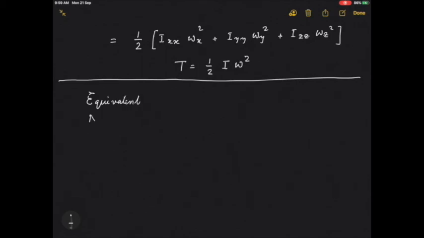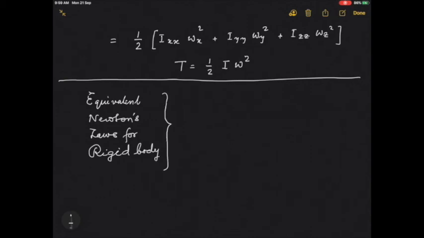Let us write down the equivalent Newton's laws for rigid body.